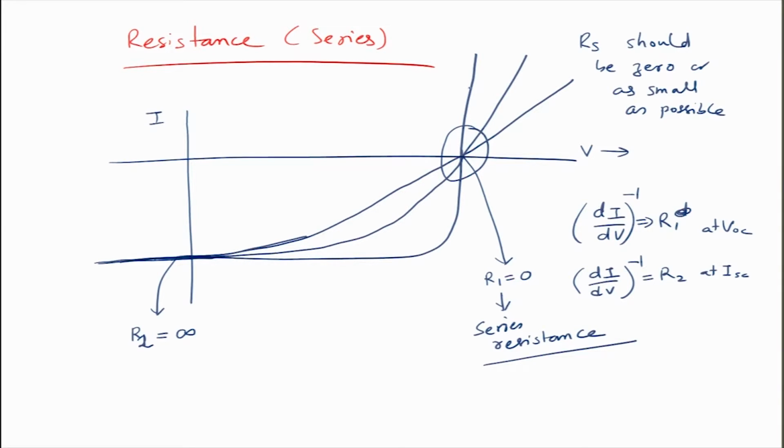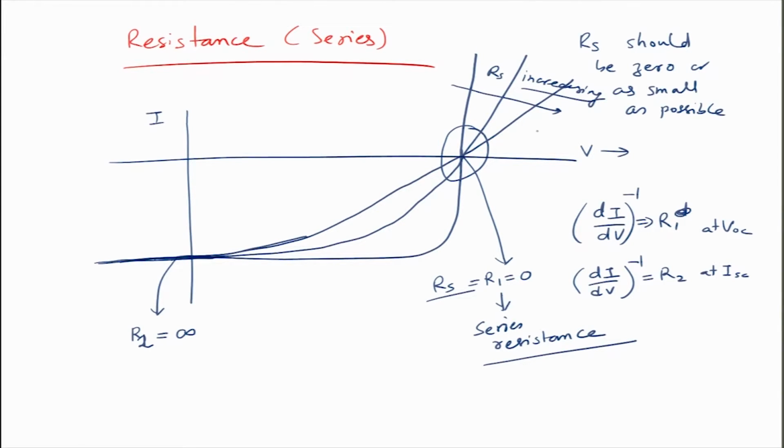And this direction would mean that your series resistance is increasing. At this point, when it is vertical, R1 is equal to 0, which is equal to Rs actually.